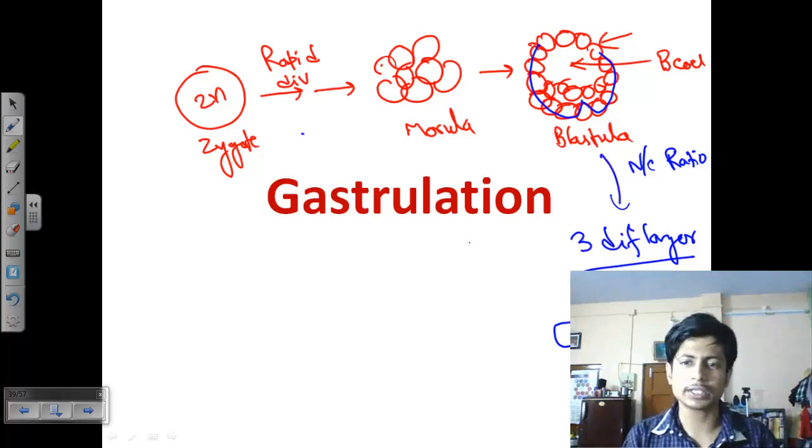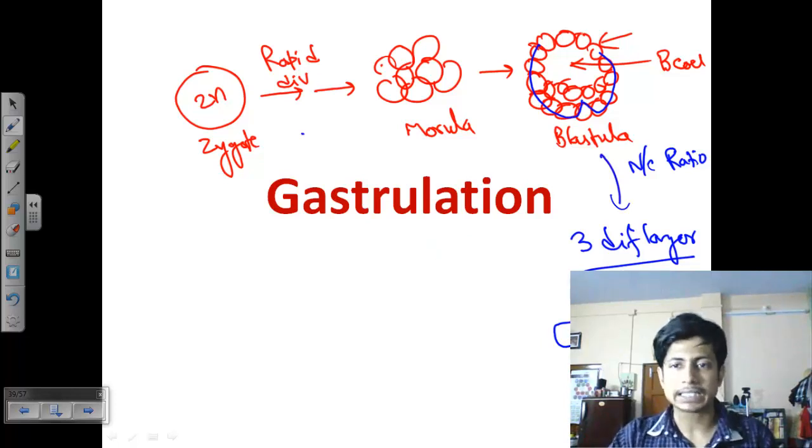Even before gastrulation, the cells of the blastula already know what kind of cell and organ they want to produce. So their fate is already determined. Once their fate is determined, those blastula cells undergo the gastrulation phase, where folding of cells occurs. This is important: up till the blastula phase, we see cell division playing a vital role, as well as cell-cell interaction using surface receptor molecules or cadherin molecules.